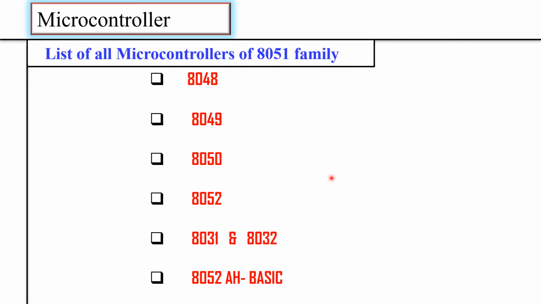In the next lecture, we are going to see the features of each of these microcontrollers in detail. In the exam, the features of these microcontrollers other than 8051 can come. Clear?